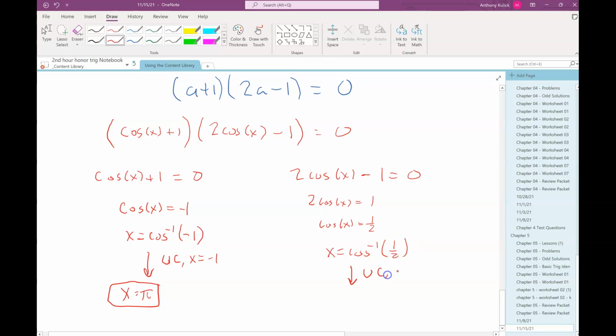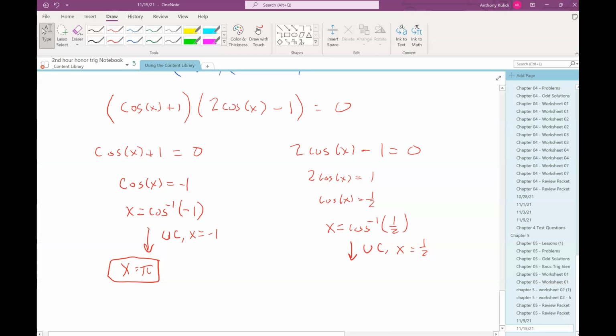Then I'm going to go to the unit circle and look at where the x-coordinate is 1/2. That is pi over 3, and then 5 pi over 3. And we're all okay with how I'm going to the unit circle and pulling these things, right?